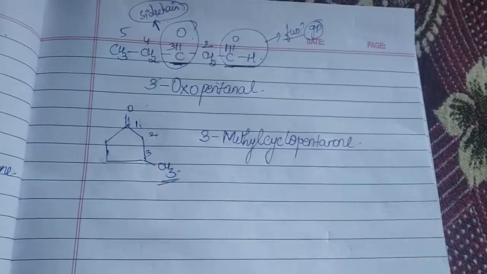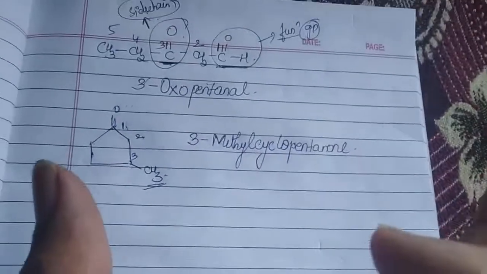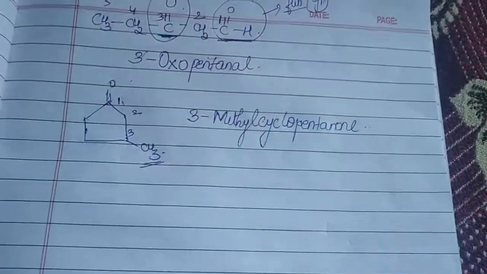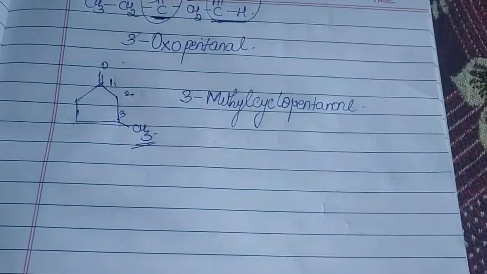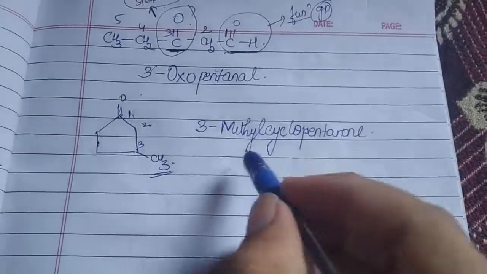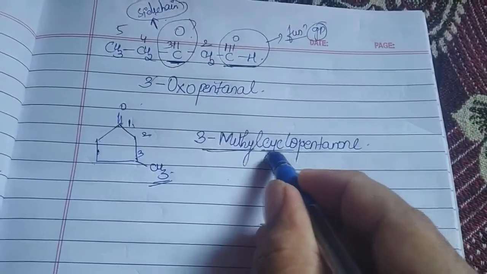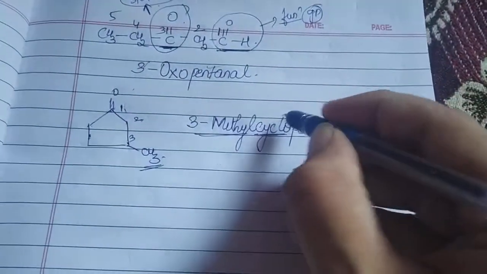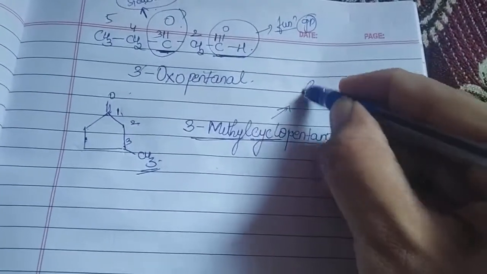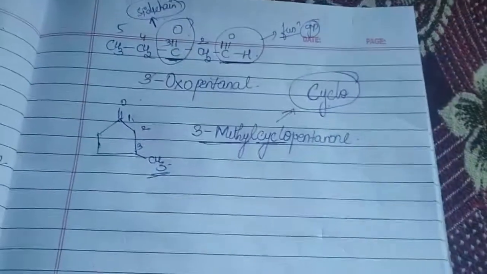Till now I directly gave you the prefix, but since this structure exists, you have to know that the prefix is also divided into two parts: primary prefix and secondary prefix. The primary prefix indicates our substituents, whereas the secondary prefix indicates the cyclic nature, mainly indicated by the word cyclo.